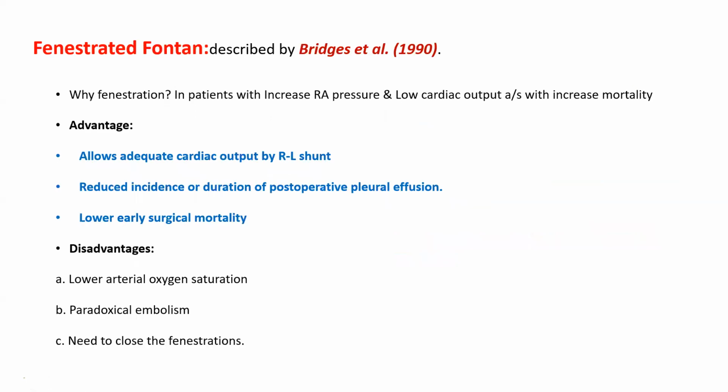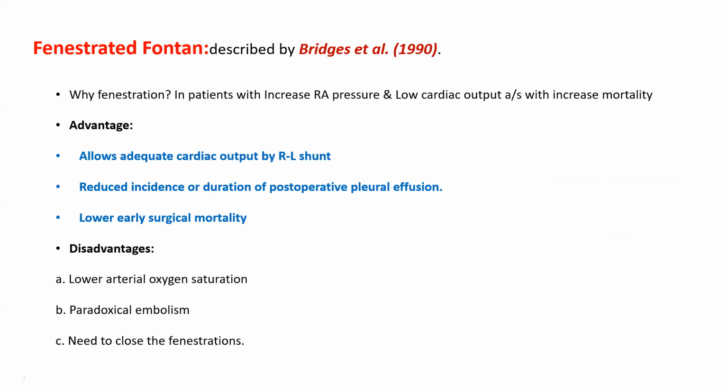Now comes the fenestrated Fontan. So why fenestration? Because any patient who has high RA pressure and low cardiac output is associated with increased mortality. So we are creating a shunt-like phenomenon whenever there is an increase in Fontan pressures. So there is a window to pop off this pressure. What is the advantage?